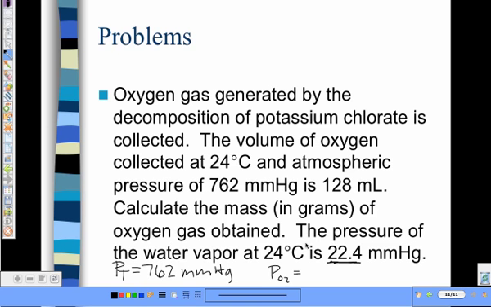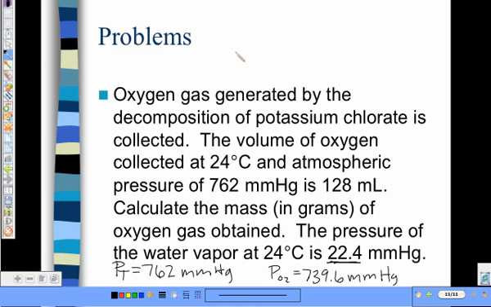Just subtract them. Yep. So what would that be? 739.6. So that is our pressure of oxygen, and now we can use that pressure to calculate the mass using our values.